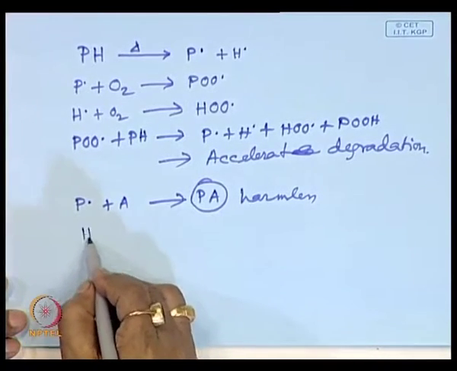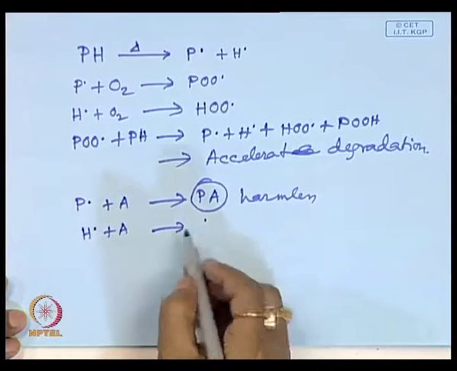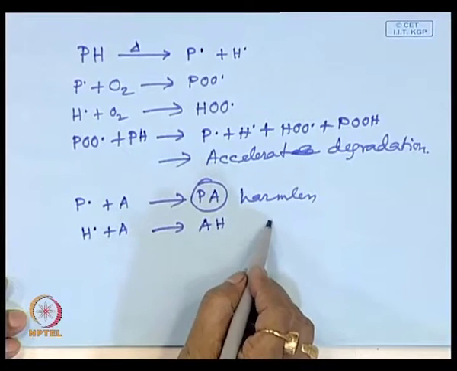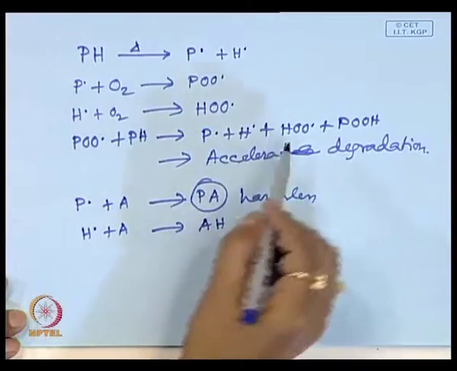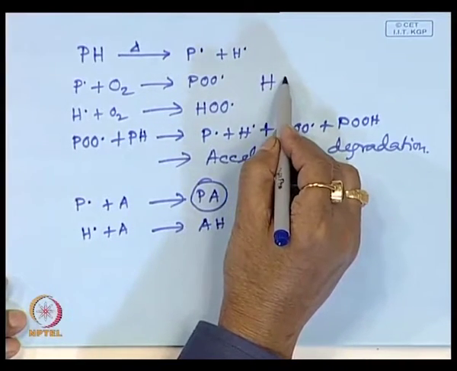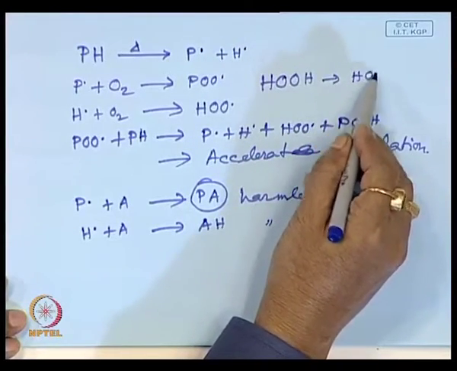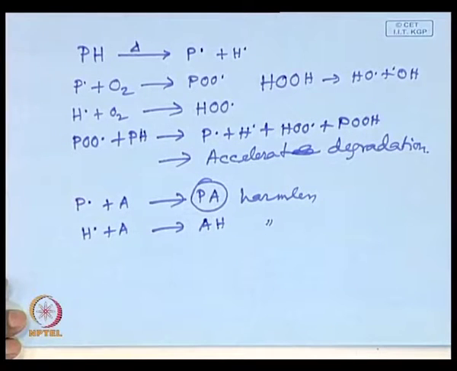Or it can react with A, this hydrogen radical can react with A forming AH, this is also harmless. Here you see these hydroperoxy radicals are harmful.